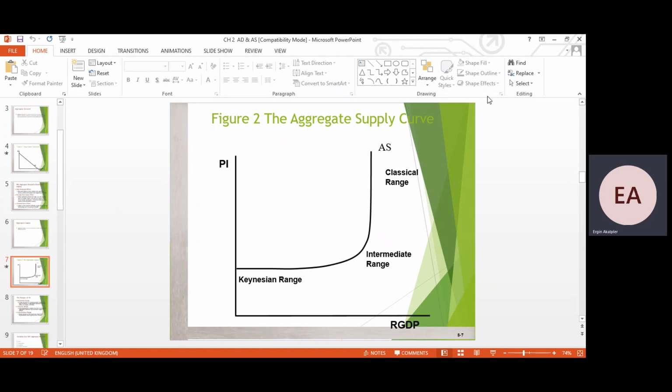In the intermediate range, it becomes effective. We always prefer this intermediate range for maintaining our aggregate supply curve, because in Keynesian economics the price level is fixed in the short run, and in the classical economy it is not dependent on price changes. Therefore, this issue is going to be managed in the intermediate, medium run economic activities.